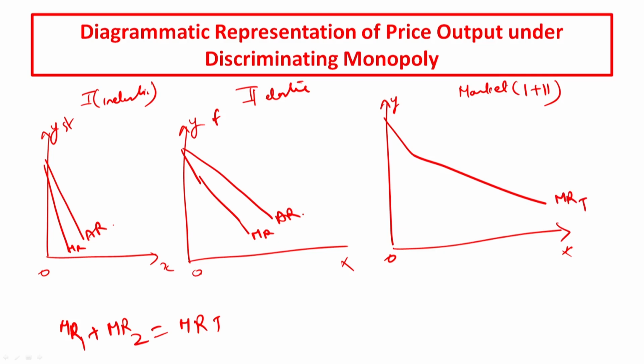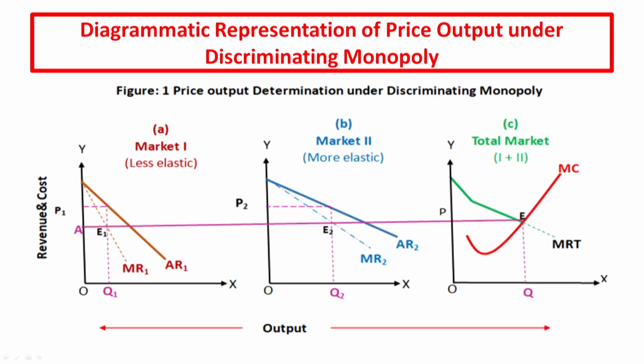It is steeper initially because that represents the inelastic market, and after that it is flatter because that represents the elastic market. That is why the marginal revenue of the total market consists of both elastic and inelastic parts.